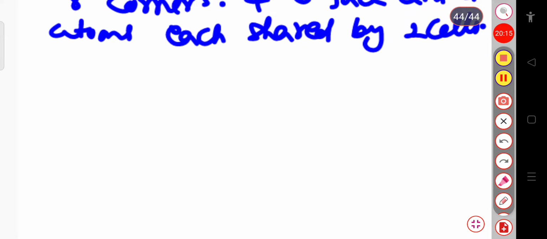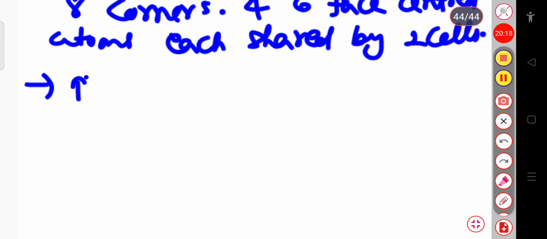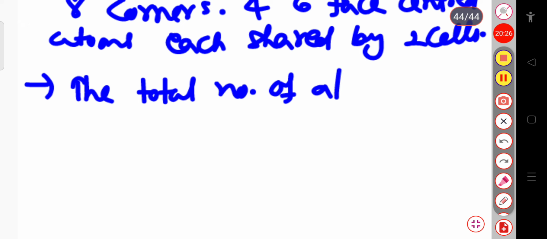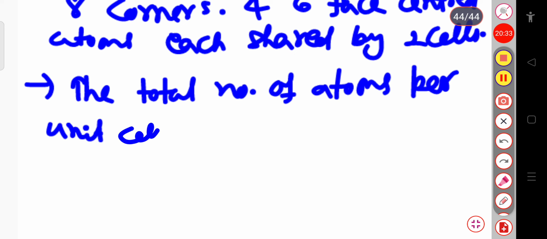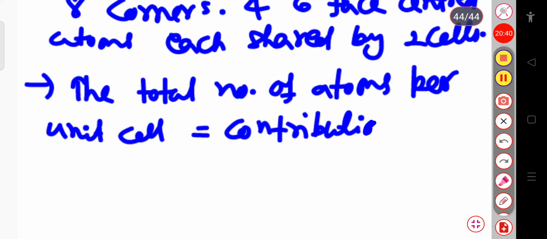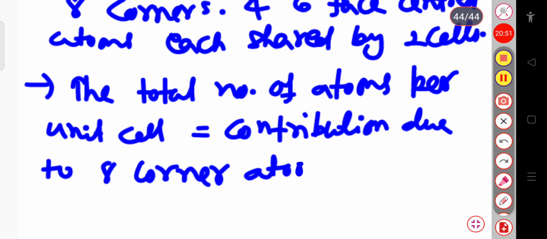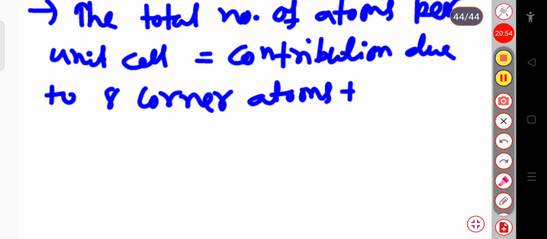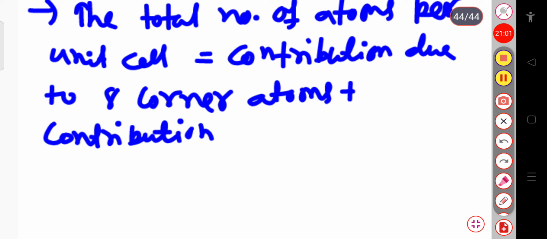So here I can write the total number of atoms per unit cell will be equal to the contribution due to 8 corner atoms plus the contribution due to 6 face centered atoms.